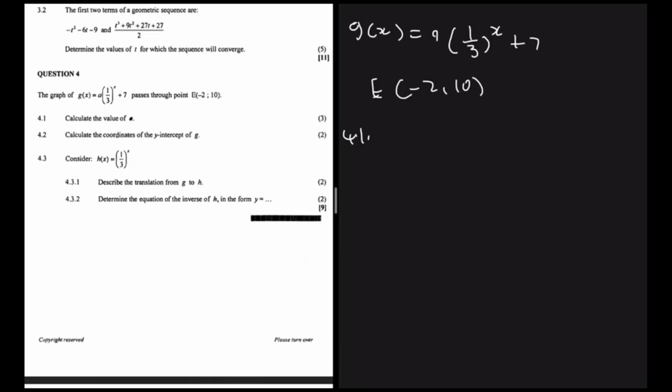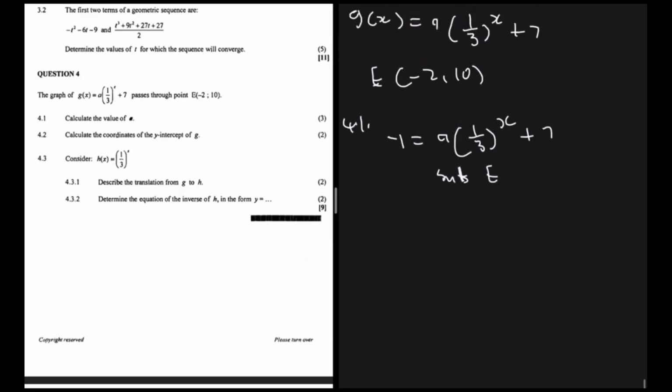So we're gonna say y equals to a multiplied by 1 divided by 3 to the x plus 7, and then we substitute E, right? So we're gonna say sub E. So we're gonna have 10 equals to a multiplied by 1 divided by 3 to the power minus 2, which is the value of x, right?